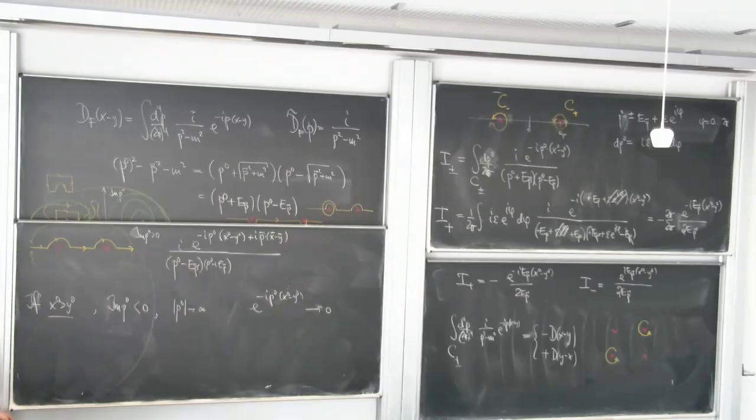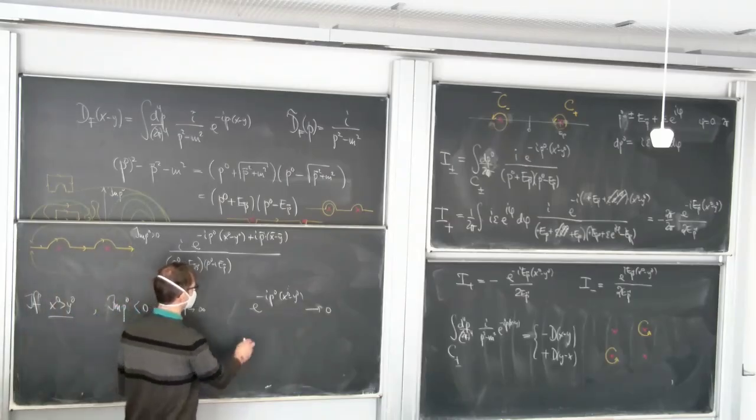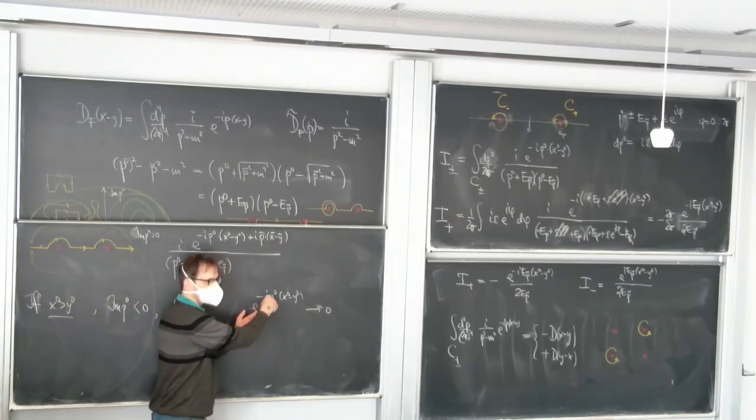But doesn't additionally the real part of p0 have to be 0? The real part? No, because the real part will just give an extra complex exponential, which is bounded.